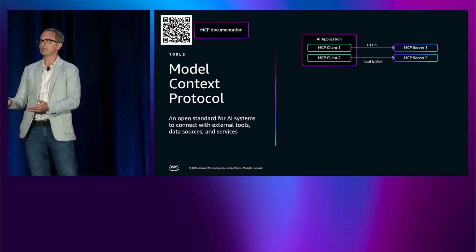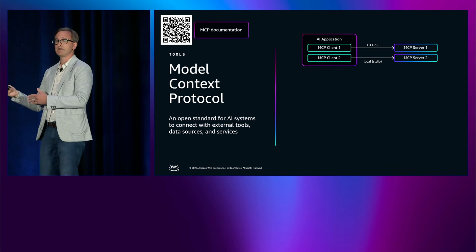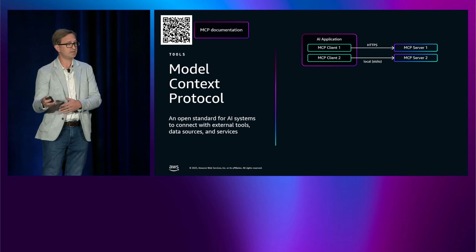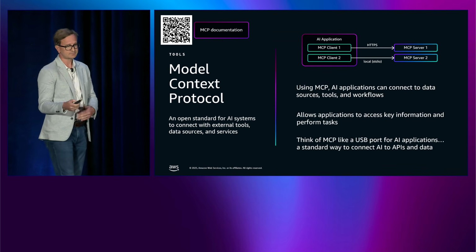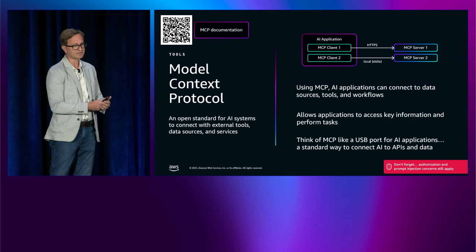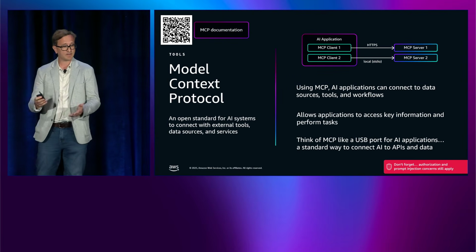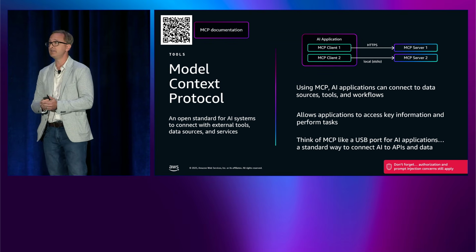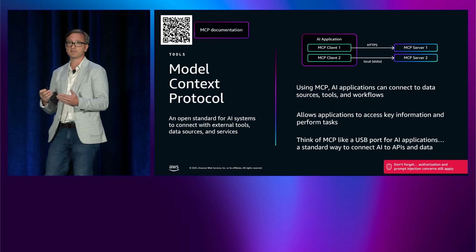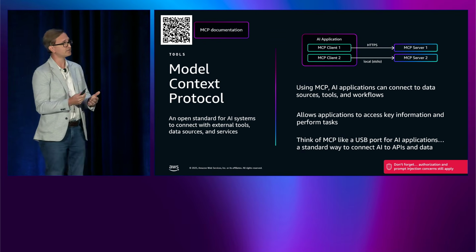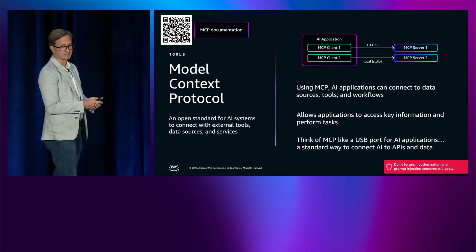That communication protocol can happen either remotely over HTTPS, or it can happen locally on your desktop or laptop using standard I/O. So using MCP, AI applications can connect to data sources, tools, and workflows. It allows you to access key information and perform tasks. And again, think of MCP as this universal protocol for defining these tasks and these tool definitions so that you can connect your AI into those APIs and data sources.